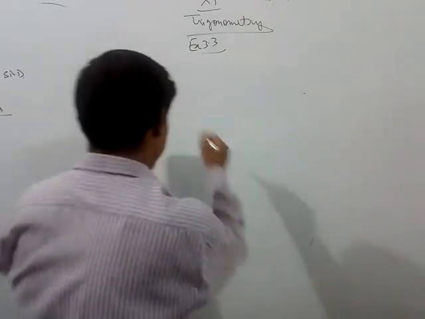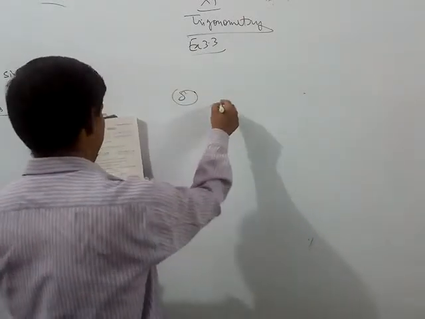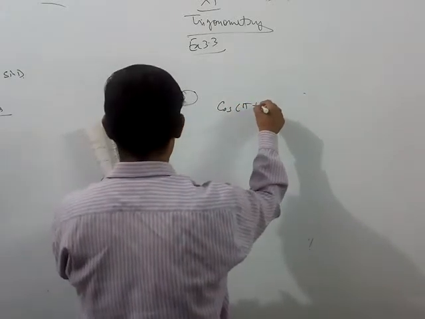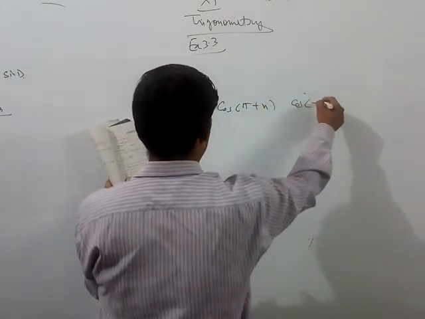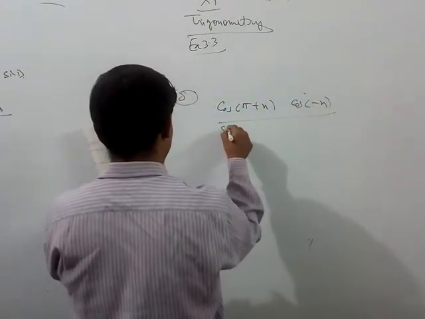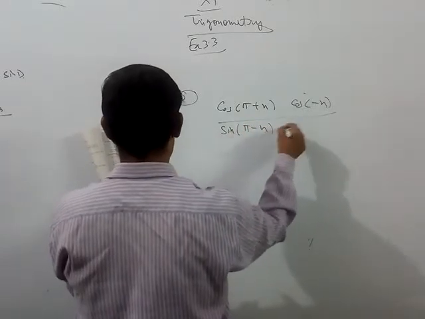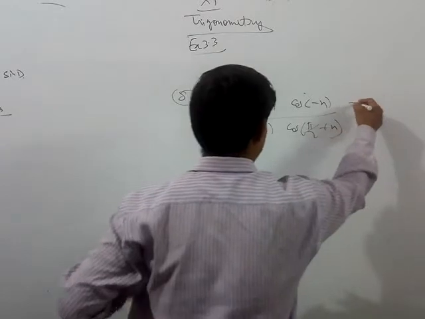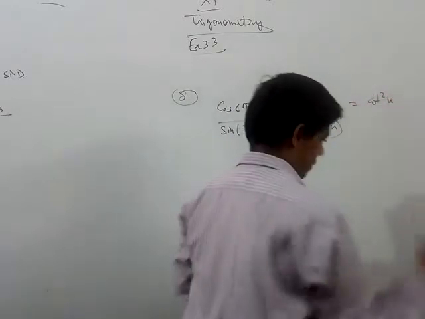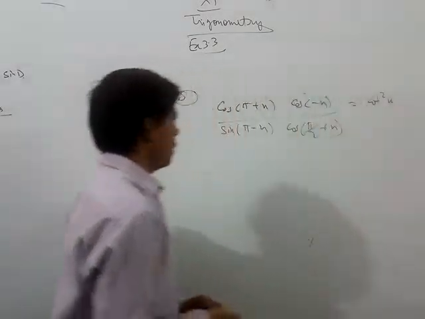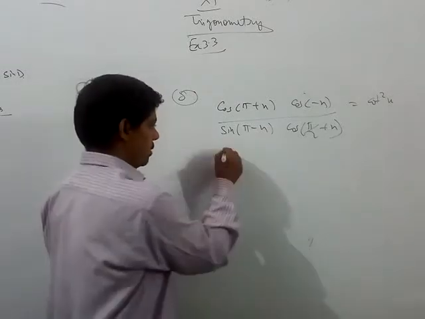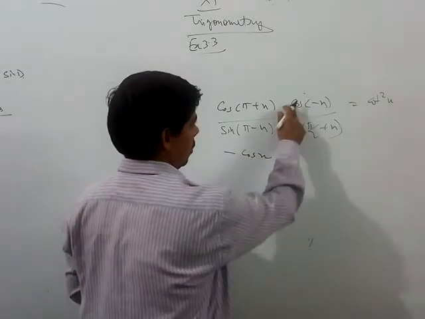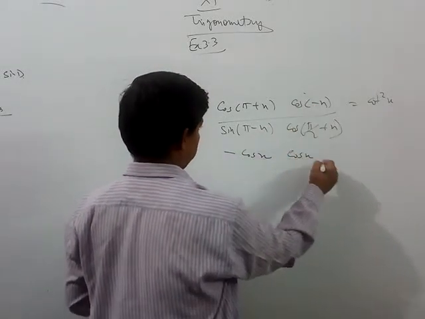Okay. Question number 8 is cos(pi plus x) cos(minus x) sin(pi minus x) cos(pi by 2 plus x). We have to prove cot square x. Cos(pi plus x) is minus cos x. Cos(minus x) is plus cos x.